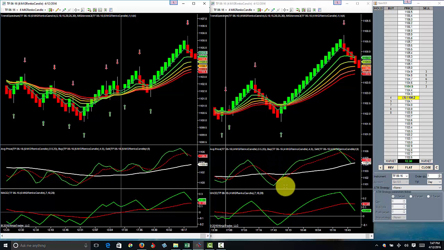So that being said, if you look at our candles here, the green over red is a true buy signal. That means that it's time for you to buy into the market, right? So when we get red over green, that is the time to sell in the market.